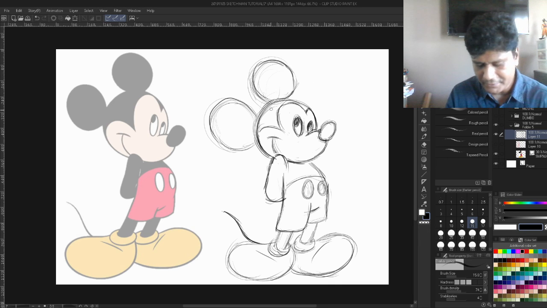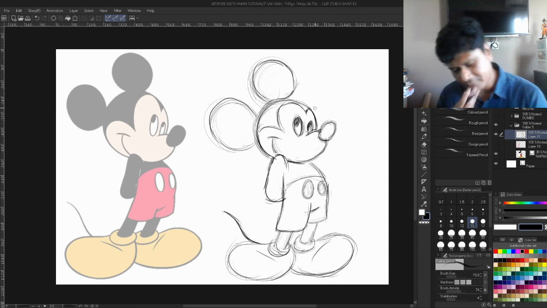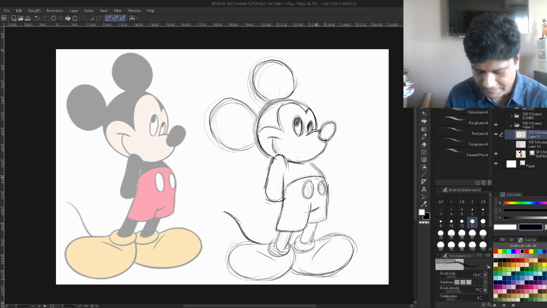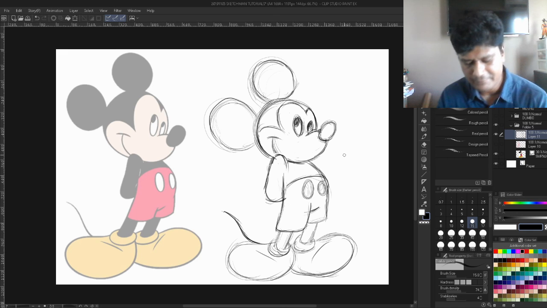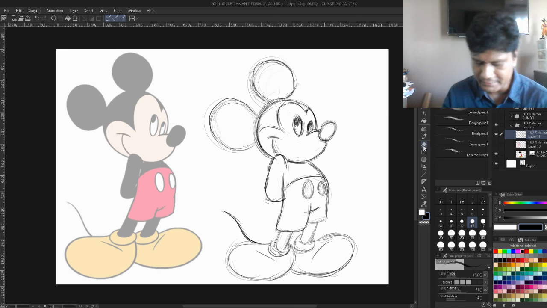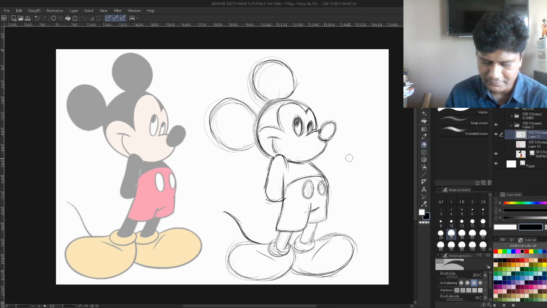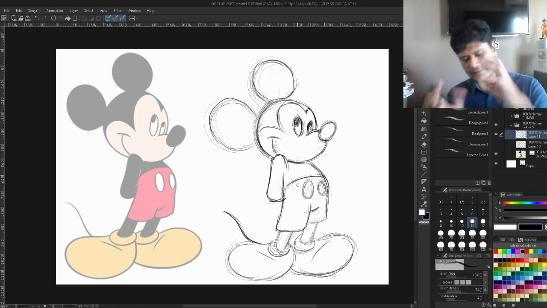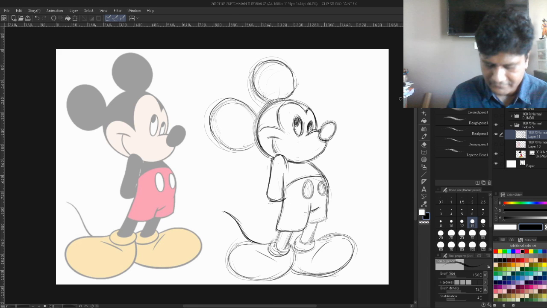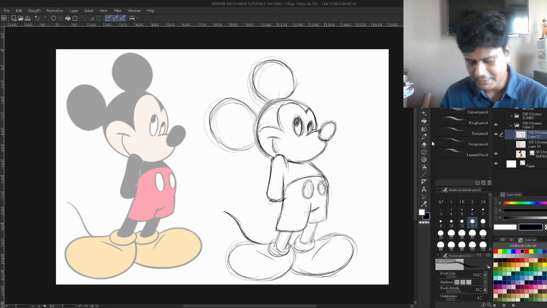Let me tell you what I think I did wrong. The head should be tilted slightly this way, but I kind of like the pose that I did too, so I'm keeping it. If I'm being too nitpicky, the head has to be slightly turned to the right.